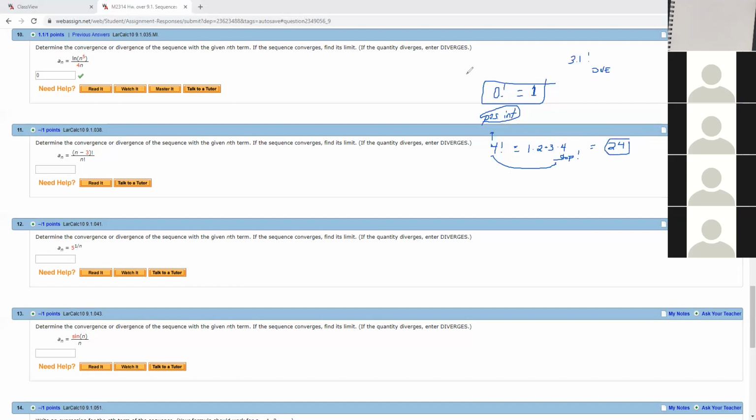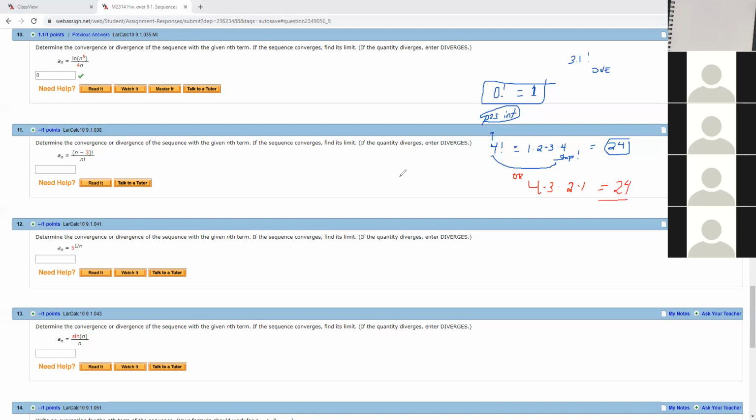Since multiplication is commutative, we could also write it as 4 times 3 times 2 times 1, and that's the same thing. So either way. Okay.